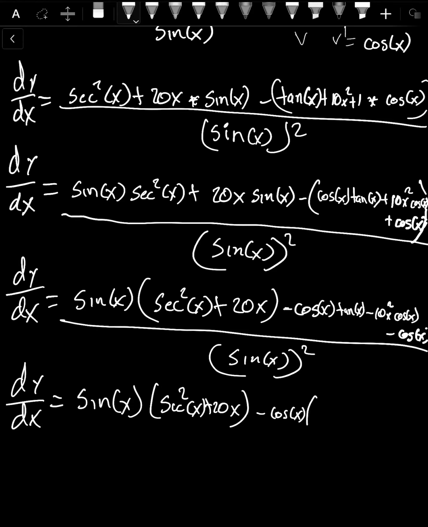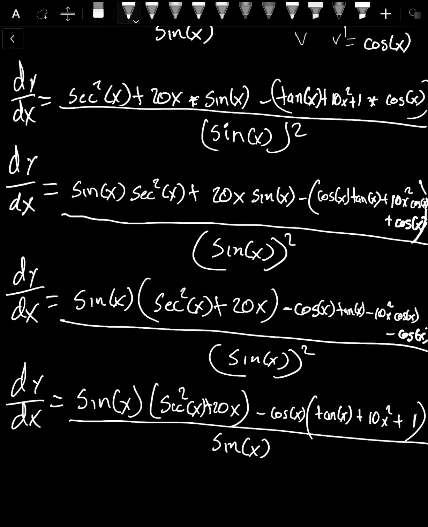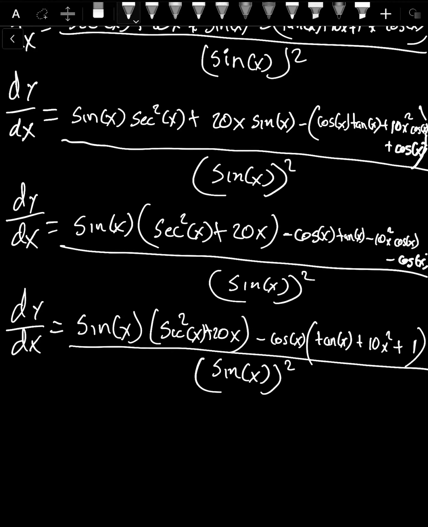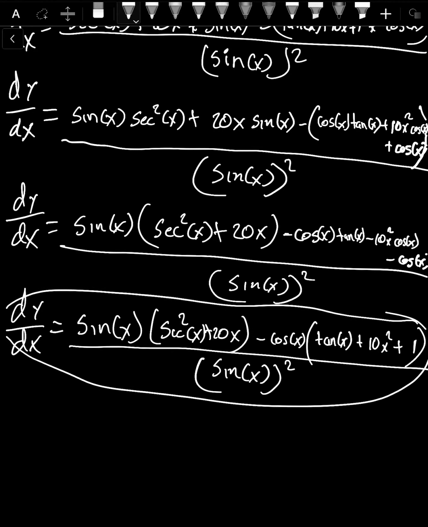So which is going to be negative cosine of x times tangent x plus 10x squared plus 1, right? And that's it. We have all these over sine of x squared. And that's it, guys. This is our answer right here.